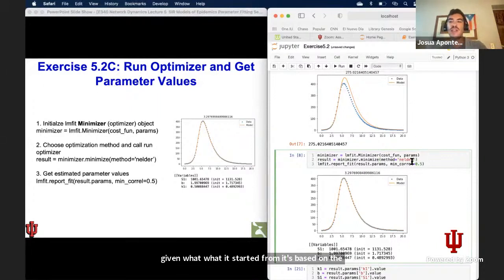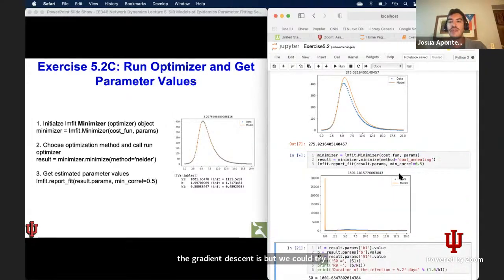But we could choose different methods too. I'm not exactly sure what the call for gradient descent is, but we could try a global method.